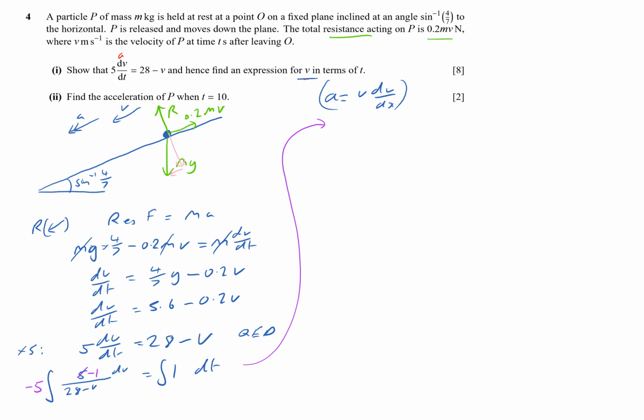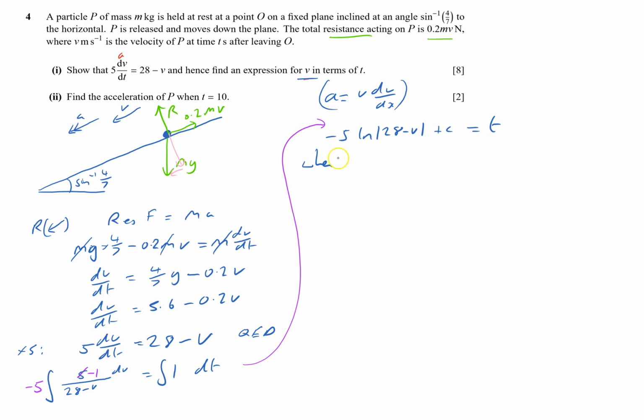I'm going to integrate this, so I'm going to get -5, and if I differentiate the bottom bit, I get the top bit, so that's just ln of the bottom. So -5 ln of 28 minus v, plus c, equals t.